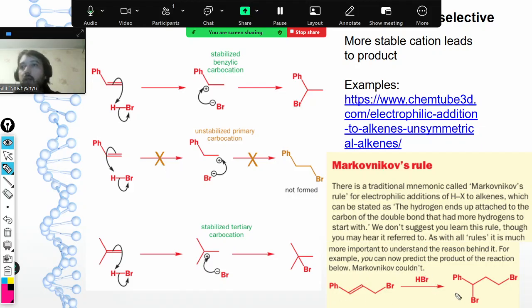So that's why you can guess which will be your carbocation, and the place where you get this plus charge, your bromine will attach. So this will be the product, despite that you cannot say with Markovnikov's rule where to attach that bromine.